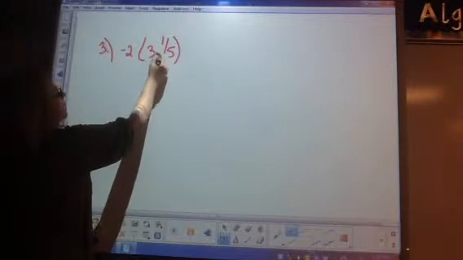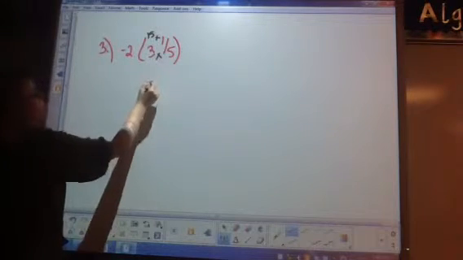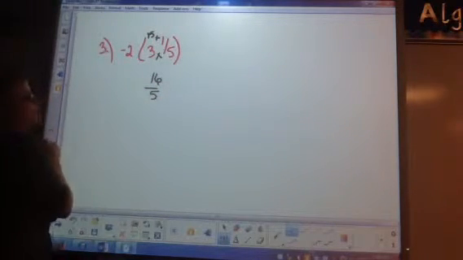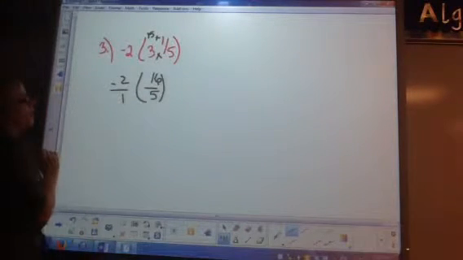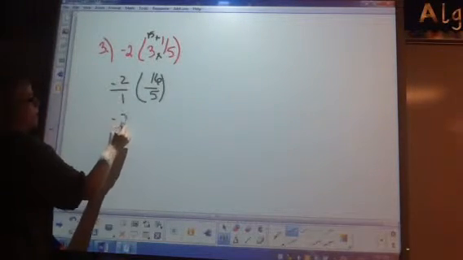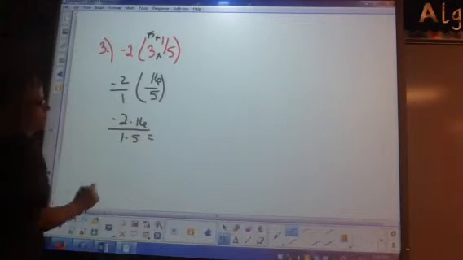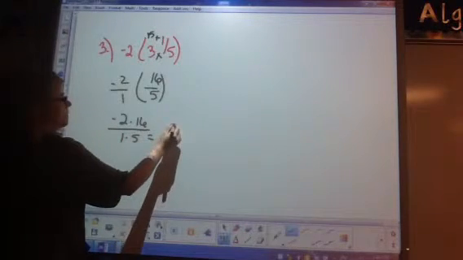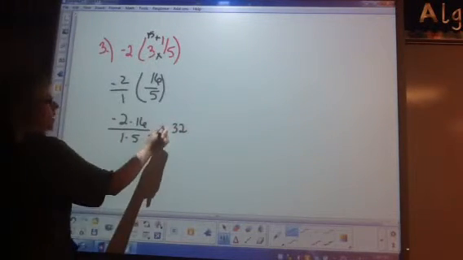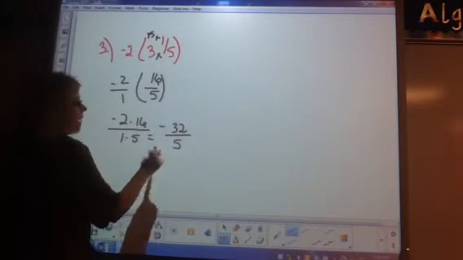You take 5 times 3 and get 15 and add 1, so that's 16 over 5. I'm going to multiply that by -2 over 1. So I have -2 times 16 over 1 times 5. Can I simplify? No. 2 times 16, 32. Different signs. Negative. 1 times 5 is 5.